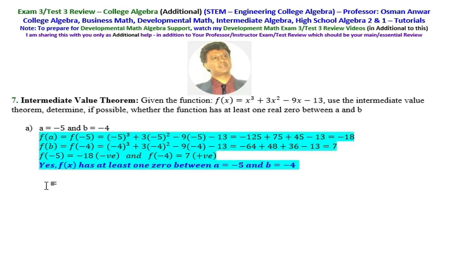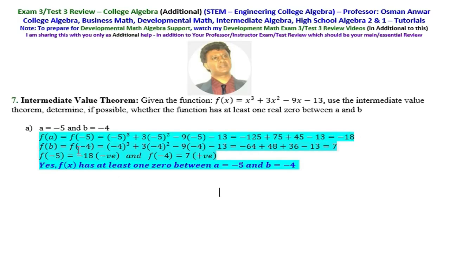That means f of a equals f of minus 5 equals minus 5 to the third plus 3 times minus 5 squared minus 9 times minus 5 minus 13, which is minus 125 plus 75 plus 45 minus 13 equals minus 18.